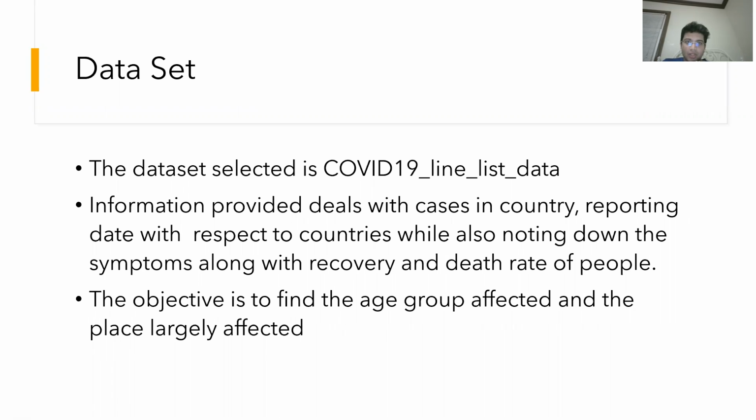The dataset dealt with the cases in the country, the reporting date on which the countries first recorded cases, the age of the people affected, and the gender of the people, followed by their trips to Wuhan and from Wuhan to other places, the locations recorded in the dataset, and also the symptoms. The basic objective was to find the age group of the people which is largely affected by the virus.